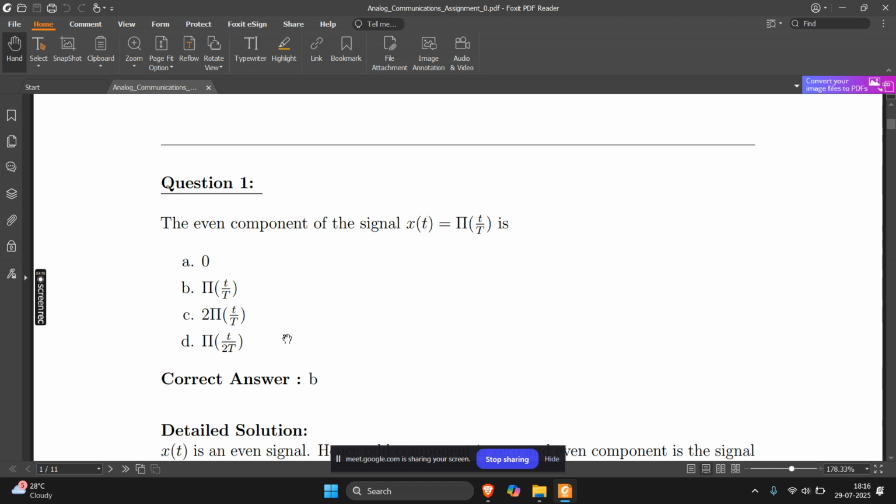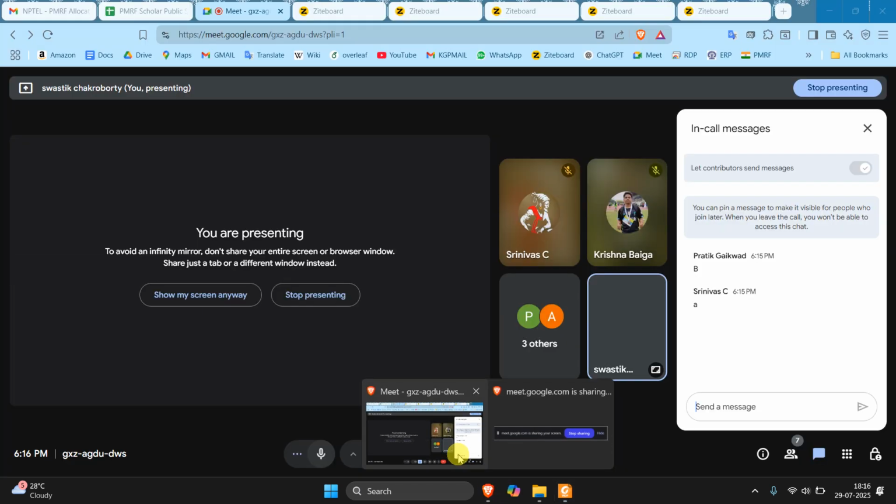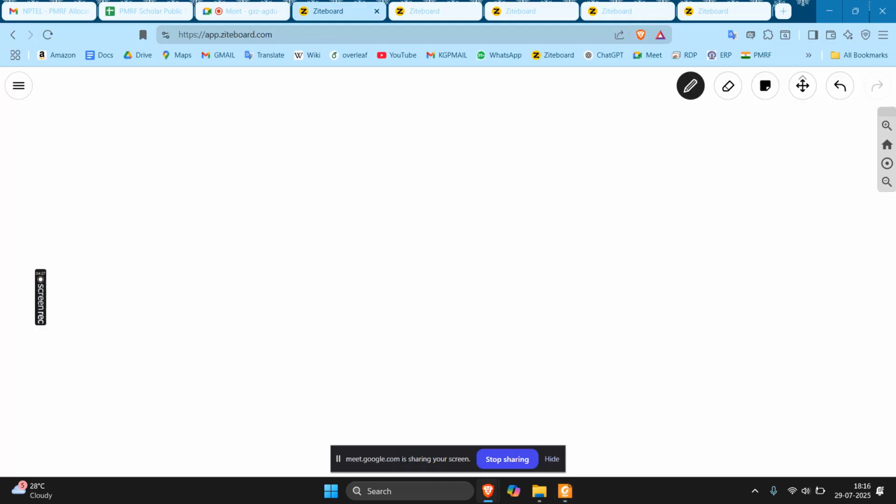So how to find the even component? How do you find something's even component? If x(t) is given, you take x(-t), add, and divide by 2.